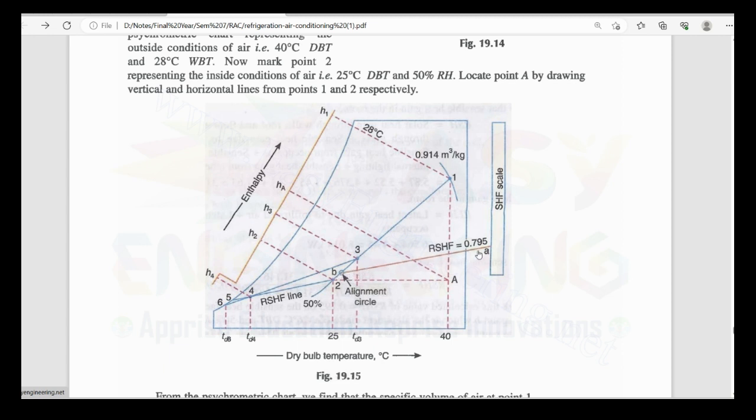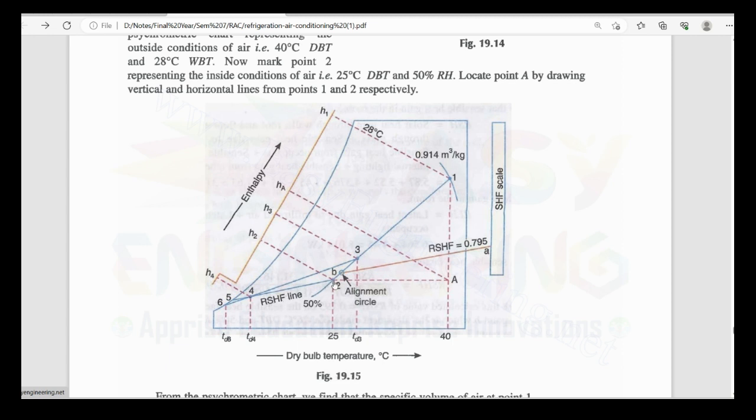This is the room sensible heat factor line. Or, if you are using another chart, in some charts the room sensible heat factor values are in between the chart in the form of an inclined line. Similarly, you can take a ruler scale, measure, and drag at point number 2.